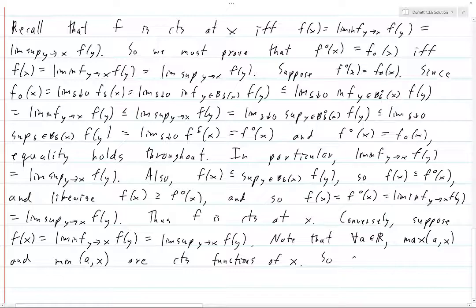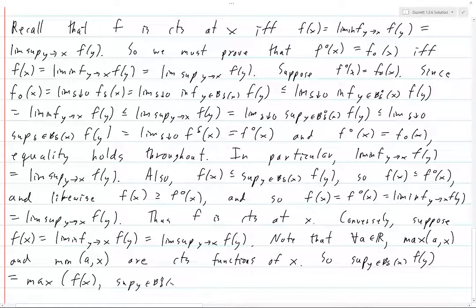So we take the supremum over y in B delta of x of f of y. This is actually the maximum of f of x and the supremum over all y in the punctured ball B delta punctured x of f of y.